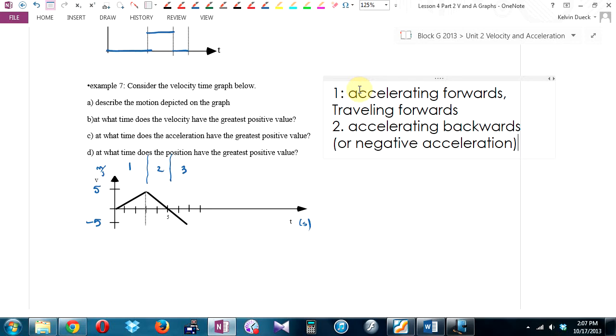Wait a minute, how can I be traveling forwards if the slope is downhill? Because the slope is not the velocity here. What's the velocity on a velocity time graph? How does it appear? It's the height. Is your height still above 0 in section 2? That means that you're still moving at a positive velocity. Forwards. Still moving forwards.